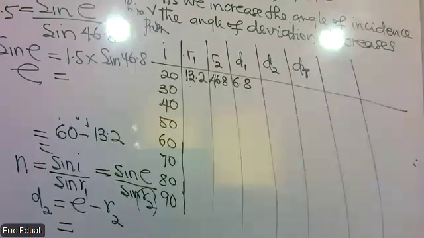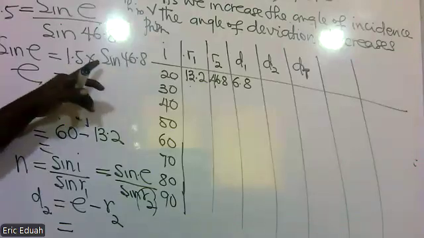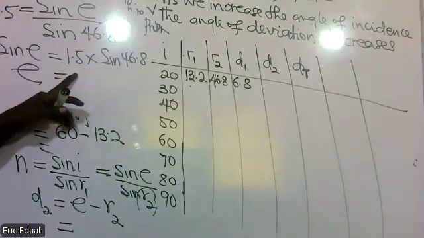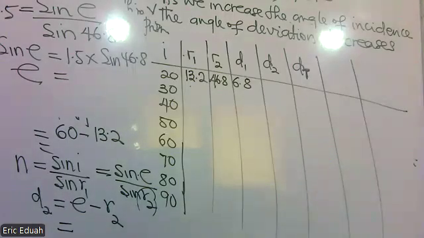The value of E. So meaning find sine of 46.8, multiply that by 1.5. Then take the sine inverse of whatever you have. Okay. You get 0.019. And then when you take the sine inverse, let me go through it myself.